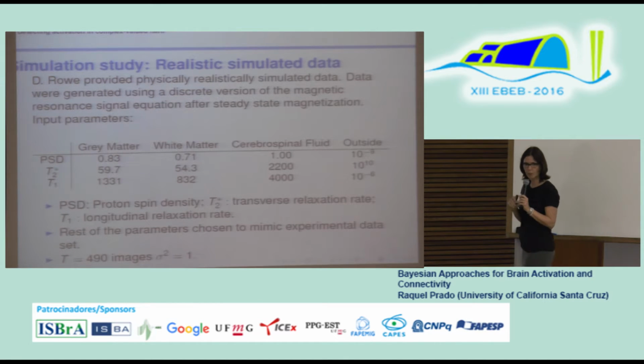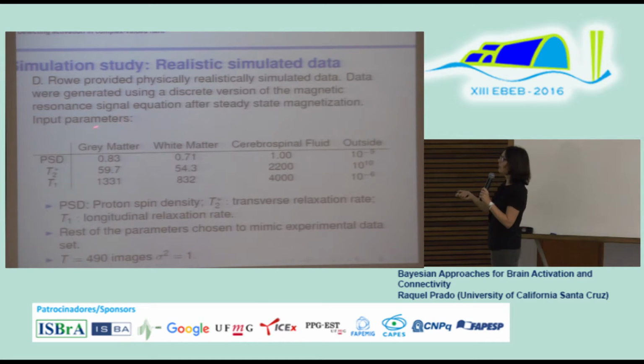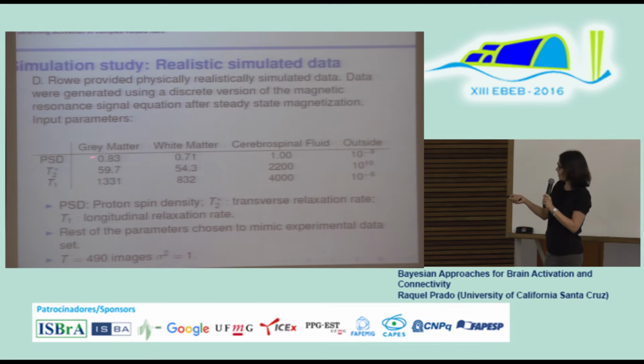I'm going to show you those two cases. So Dan has a way to simulate more realistic data using some physical parameters. What they do is use a discrete version of the magnetic resonance signal equation, with some input parameters to model characteristics in the brain, for instance parameters related to what is going to be gray matter, what is going to be white matter, and some additional parameters.